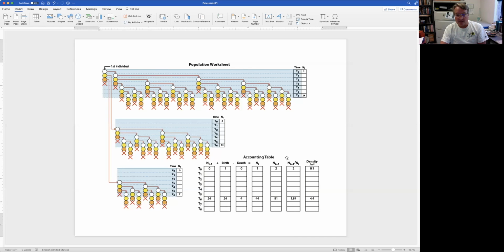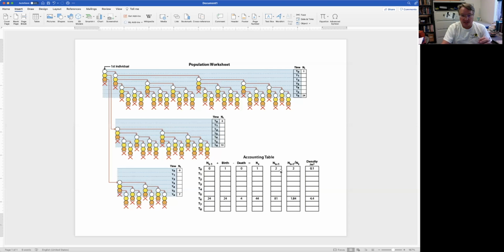And then we have a little bit of math for you to do right here. Here we have a calculation, and there are going to be some questions on this in the lab manual, the pre-lab actually. Taking n sub t plus 1, this value here, and dividing that by the population size at that time period.